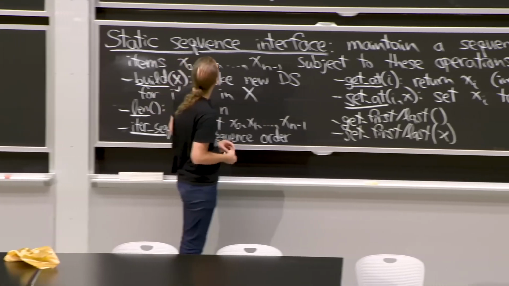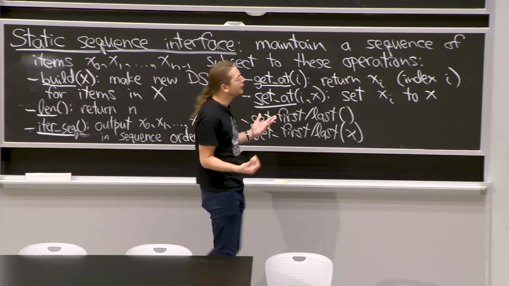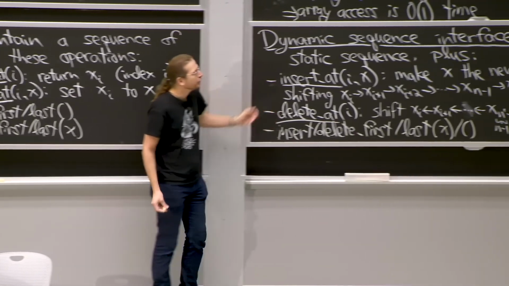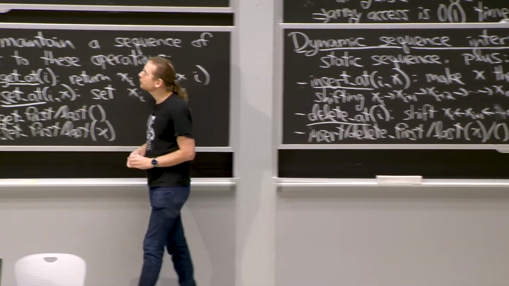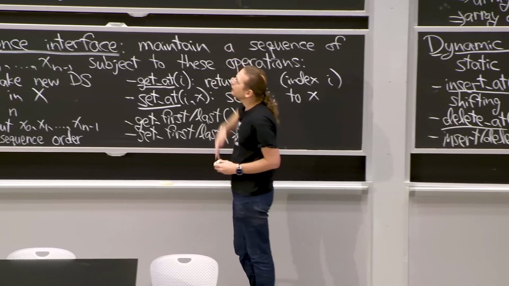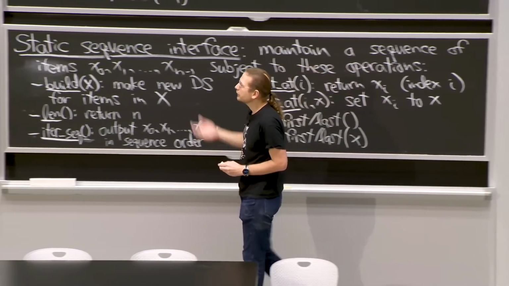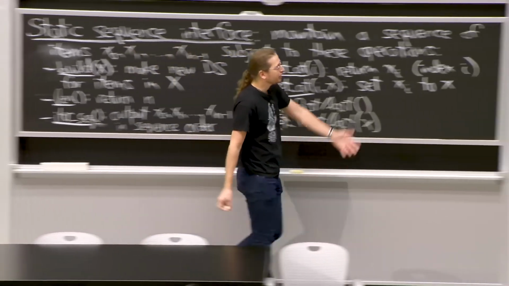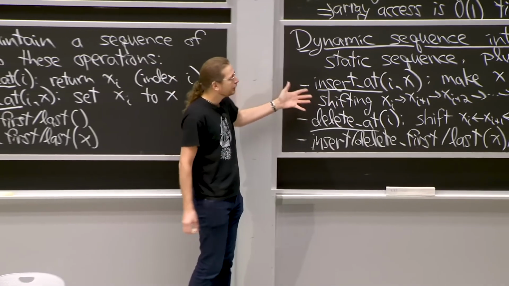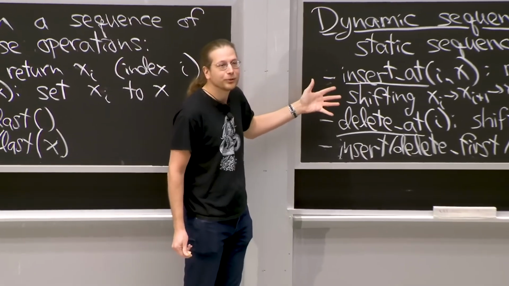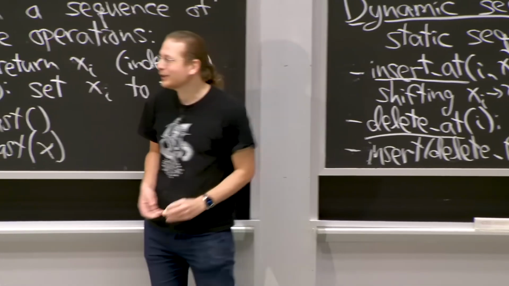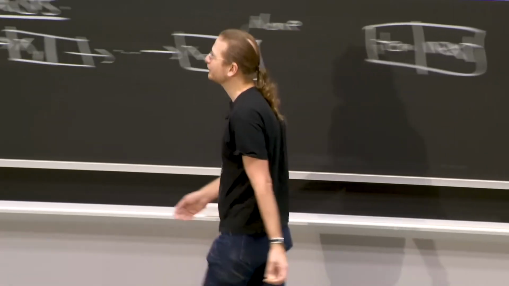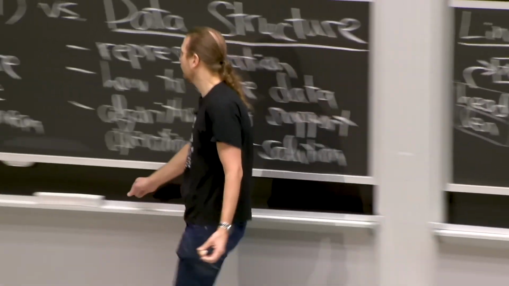Maybe it's worth mentioning, let's start analyzing things. So we care about these dynamic sequence operations, and we could try to apply it to the static array data structure, or we could try to implement these operations in a static array. It's possible, just not going to be very good. And we can try to implement it with linked lists. And it's also not going to be that great.